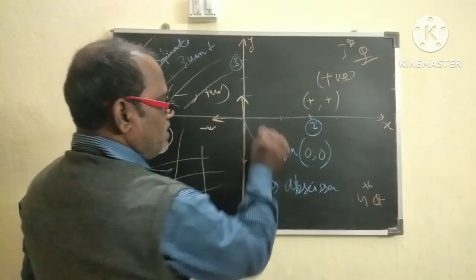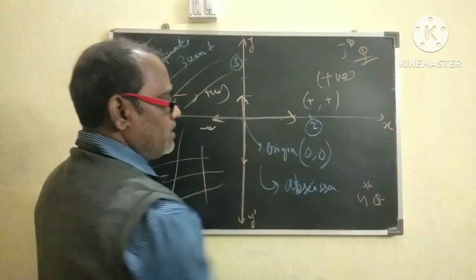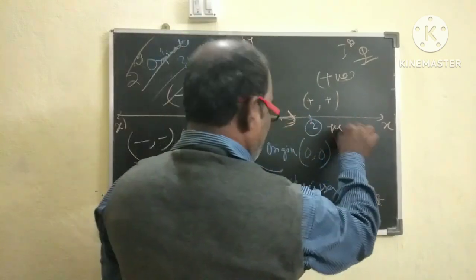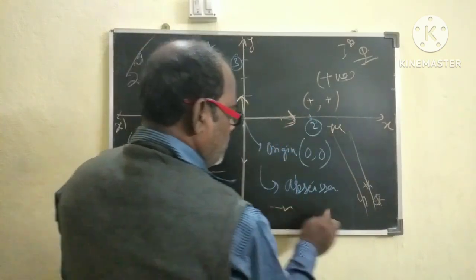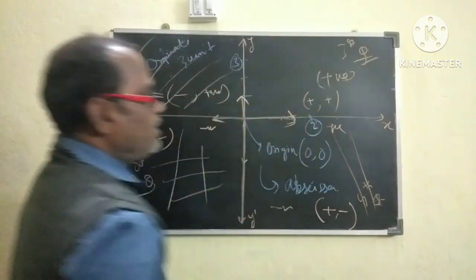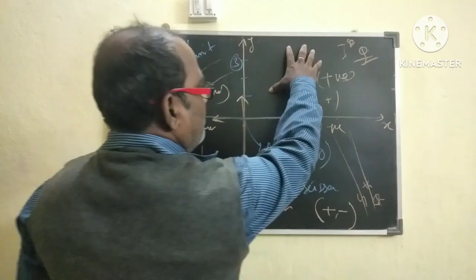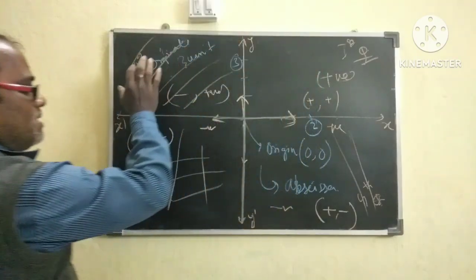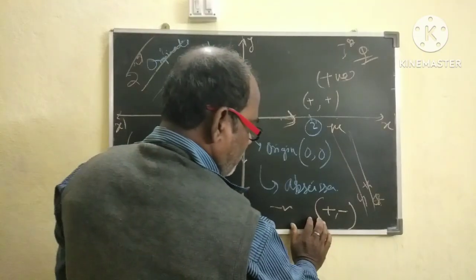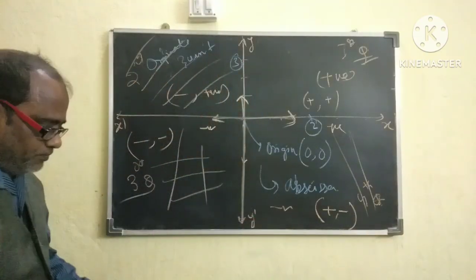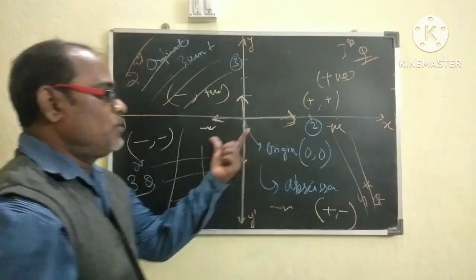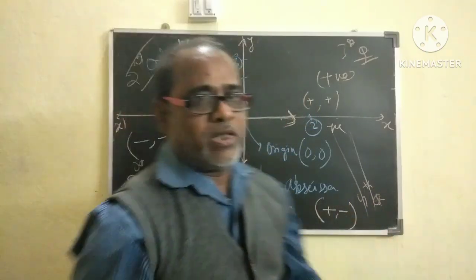And in this position, when we go towards the right side, it is positive and here it is negative. So the signs will be positive and negative. Let me tell you again: this is positive positive, this is negative positive, this is negative negative and this is positive negative. Now let us assume any point which we can put on the board and let us go to the exercise.